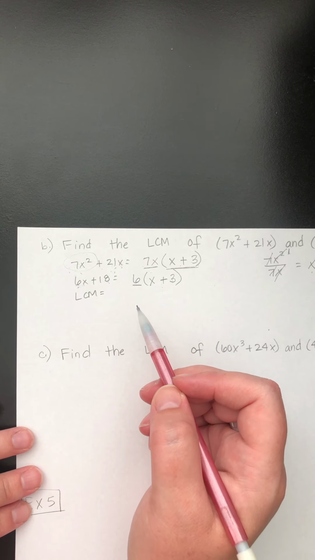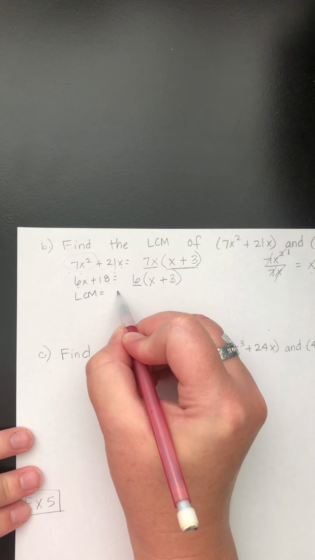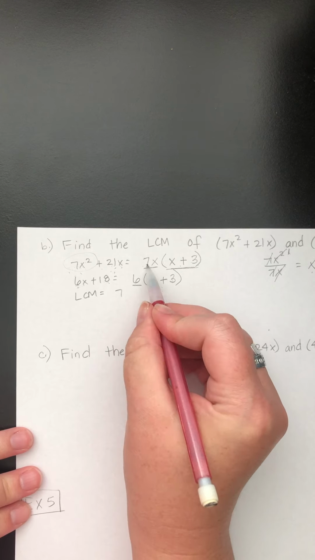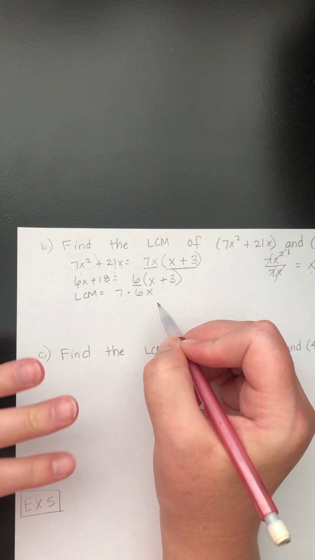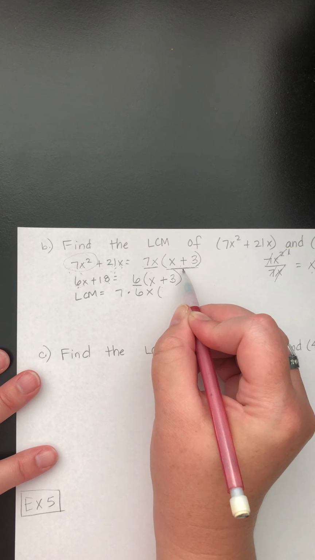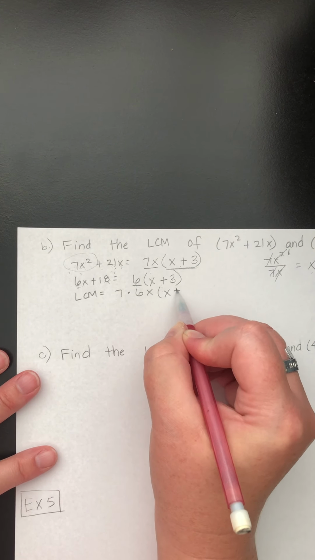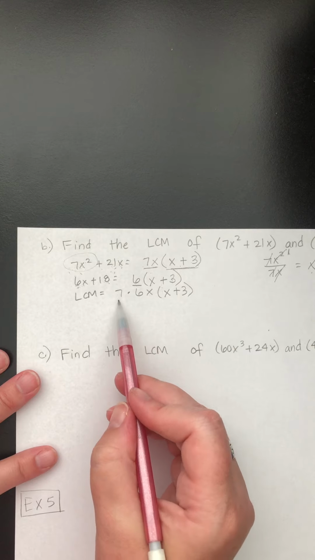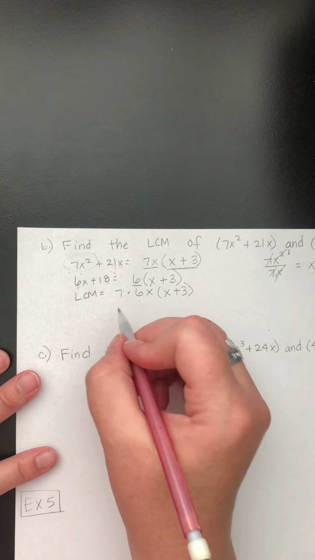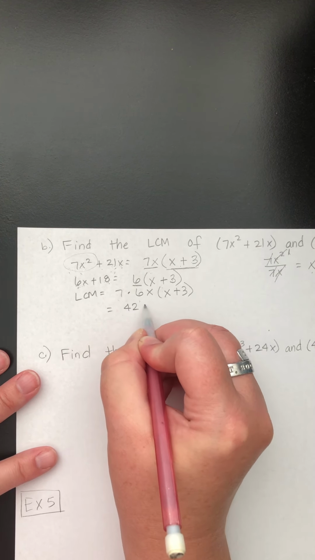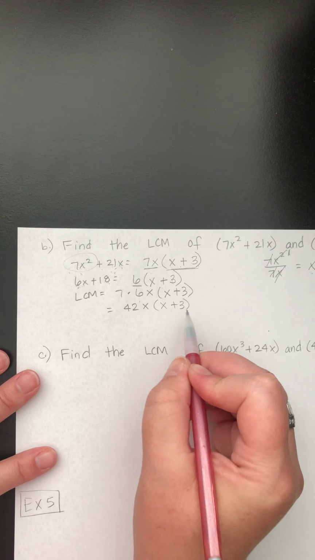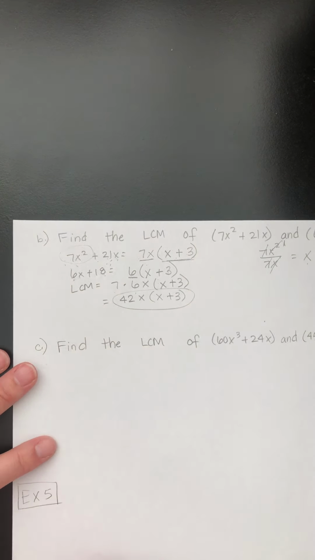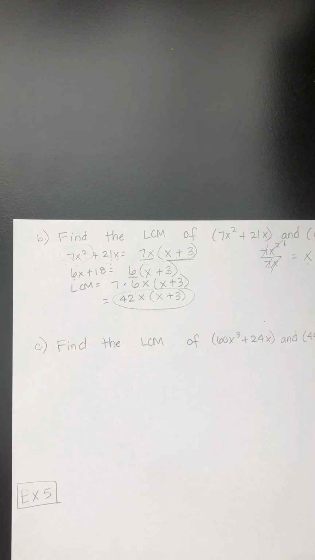So our factors are going to be 7, put your numbers first, 7 and 6. 7 times 6, and then we have the x, that's everything that we factored out, and then we have the x plus 3. So 7 times 6 is 42. We have our x here, and then inside the parentheses, x plus 3. That's our least common multiple.